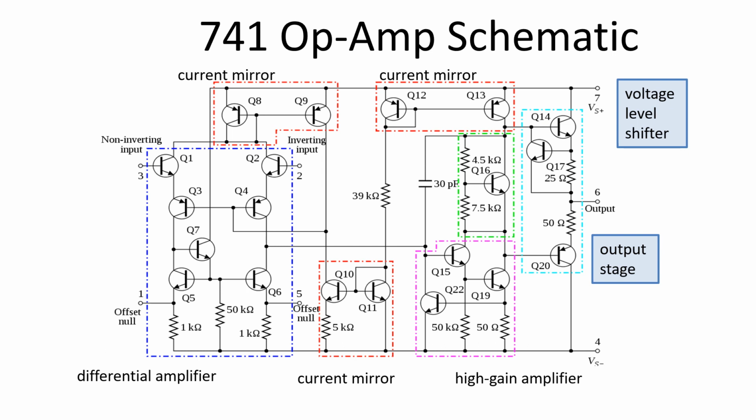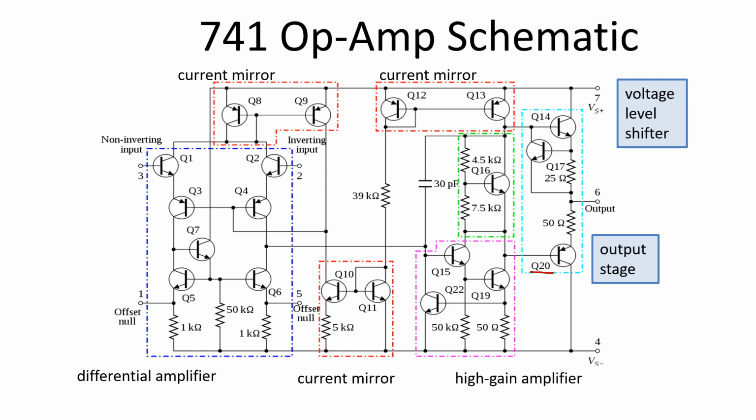So there are only discrete components like transistors, resistors, capacitors. That is why this is called an analog IC, because inherently it contains transistors only. And for the 741 generalized version, there are 20 transistors used within this circuit, and it has various stages.